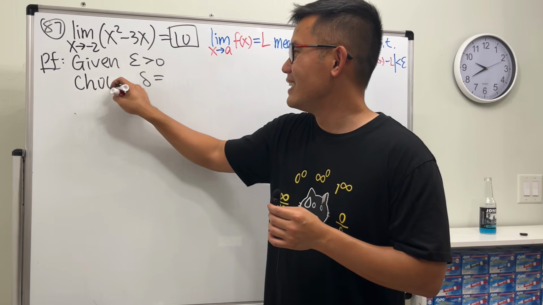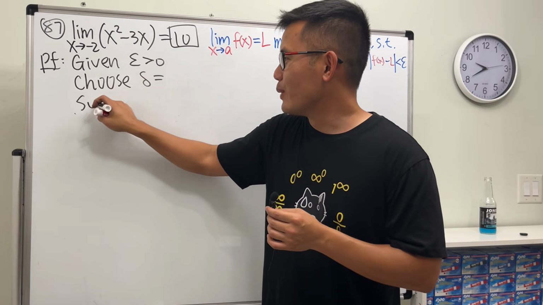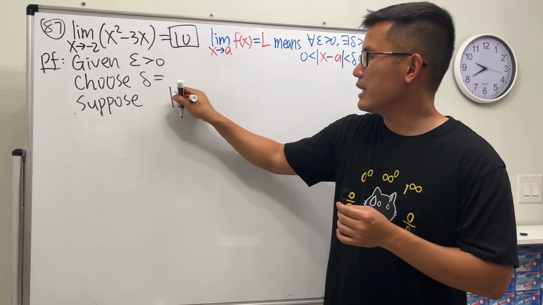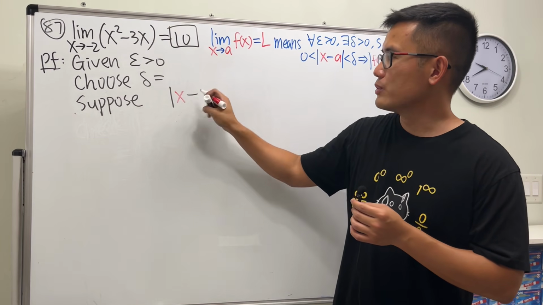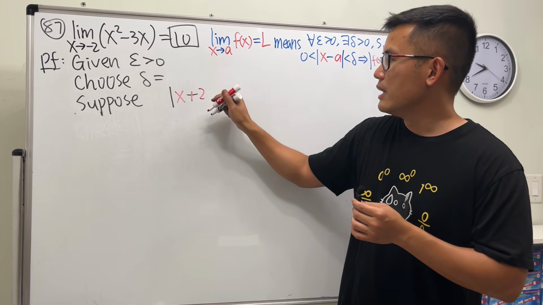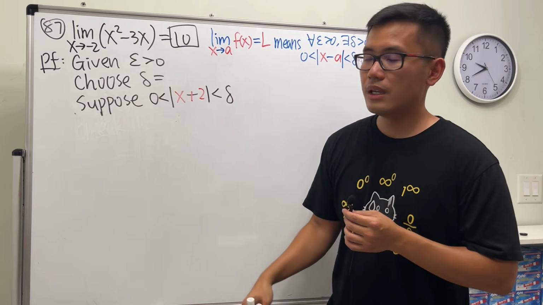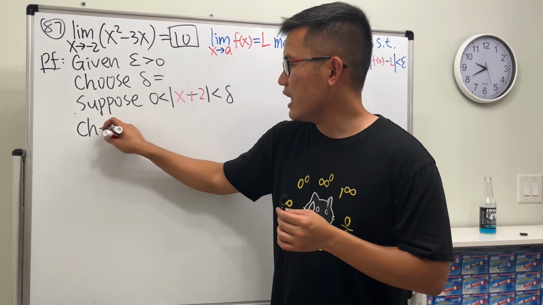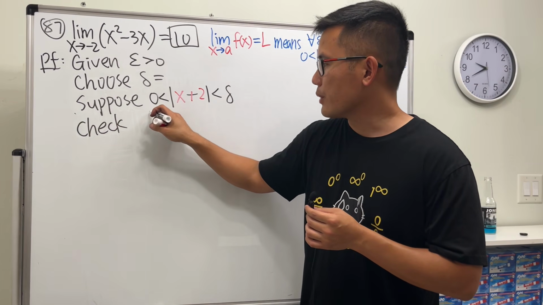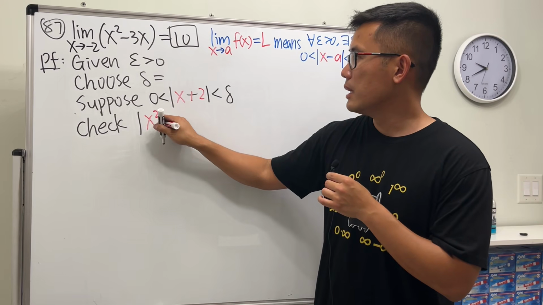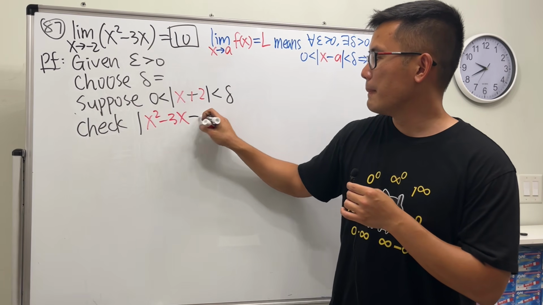Suppose absolute value of x minus negative 2, so it becomes x plus 2, is less than delta, and delta is greater than 0. And then we want to check absolute value, function minus the limit, so x squared minus 3x minus 10.